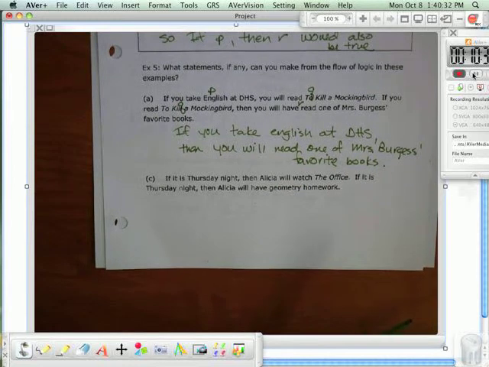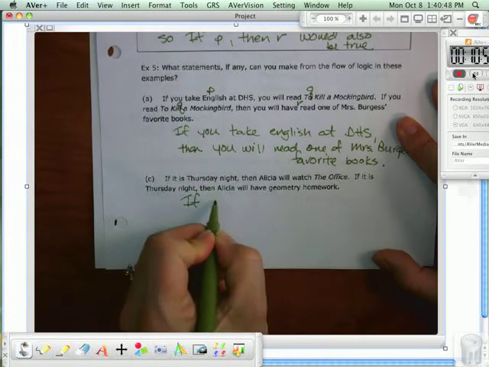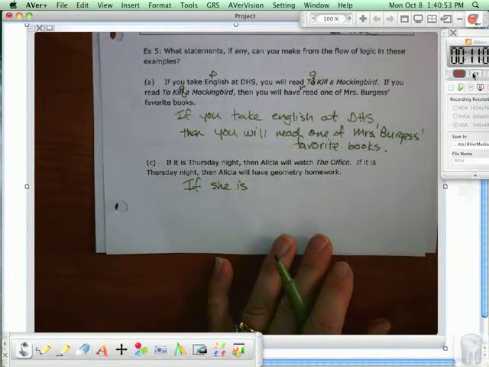What kind of homework will she have? Geometry homework. Why do you have to be so specific? Because when you're writing proofs, you have to be very specific. It's a good question.